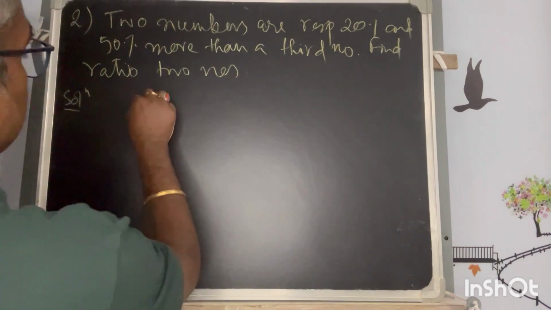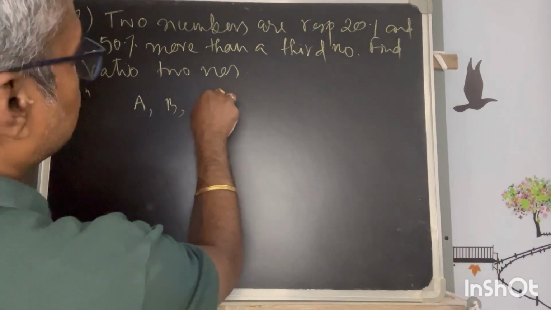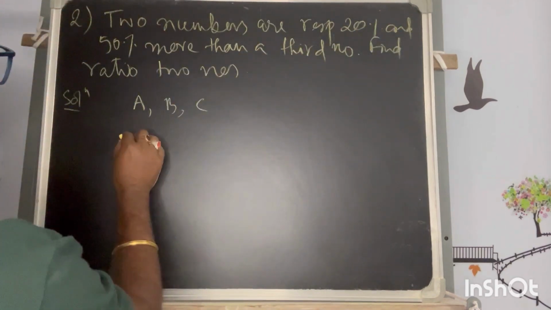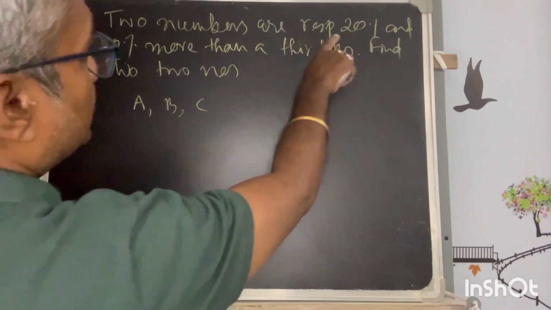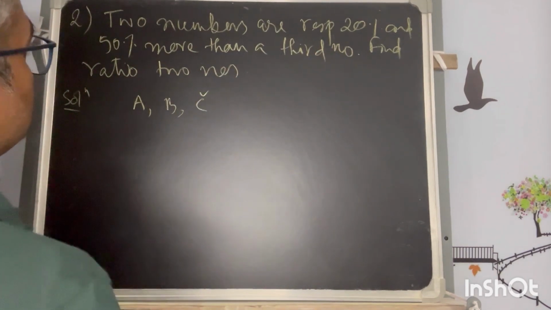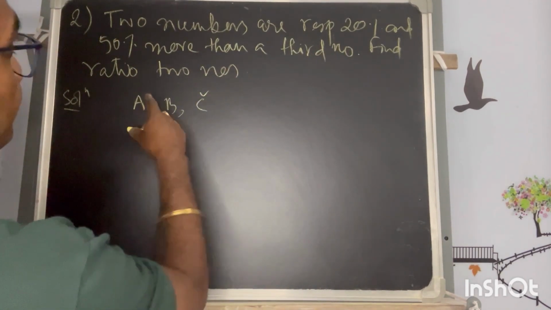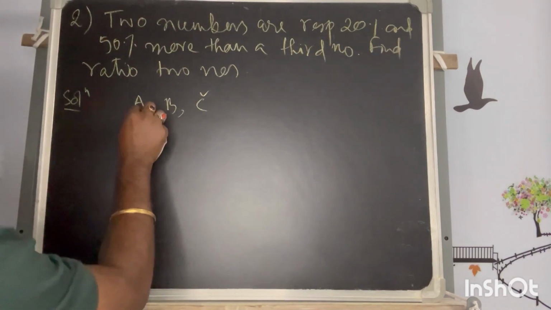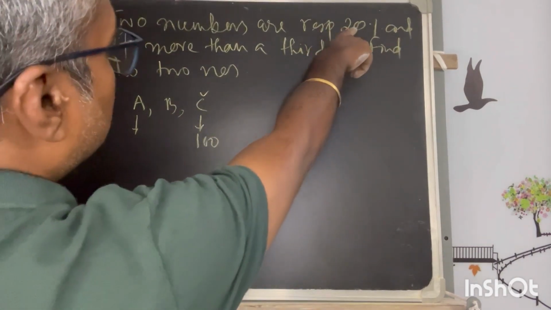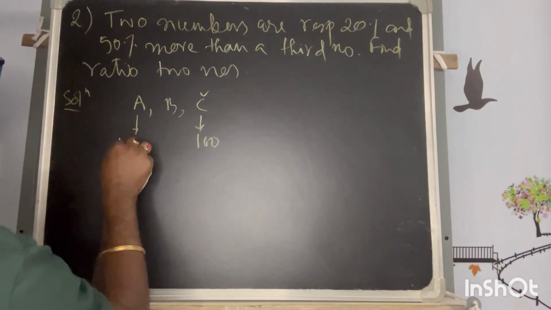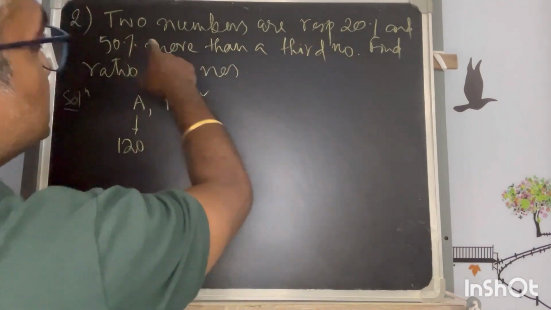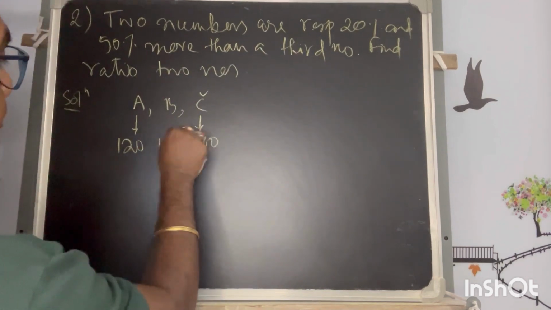Let's say the numbers are A, B and C. The two numbers are 20% and 50% more than the third number C. So 20% more means, if I say this is 100, your A is how much? 20% more means 120, and B is 50% more than the third, that means it is 150.